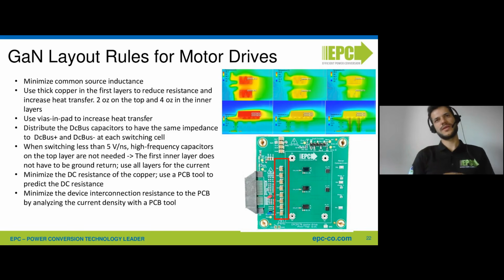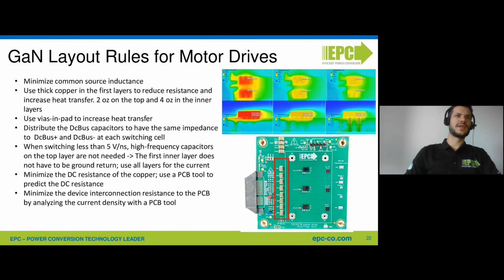And so when there is a return for the high frequency part of the switching current close to the gallium nitride FETs or integrated circuits, then this distributed capacitance can operate as a decoupling capacitor. And so there is no need to use them. The transitions are still very good with very low ringing, which does not cause EMI issues.